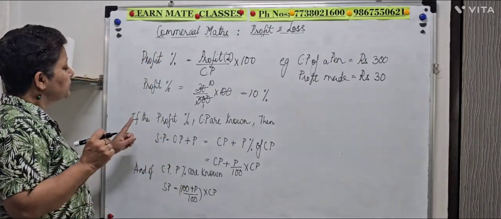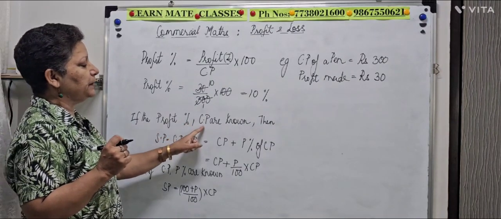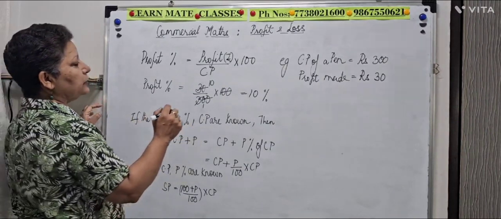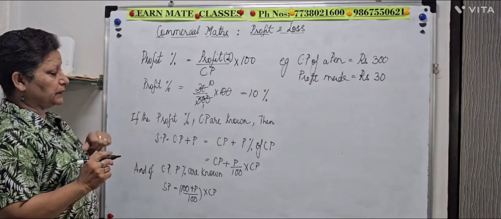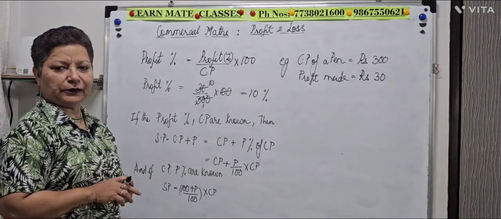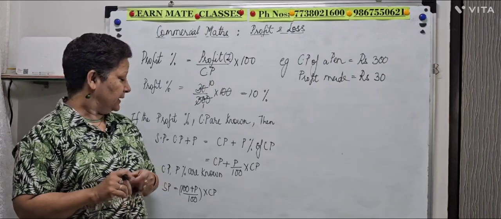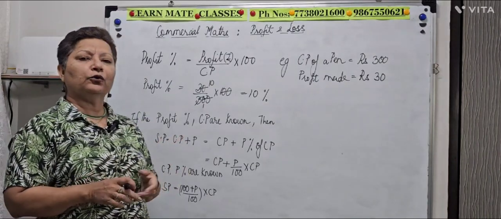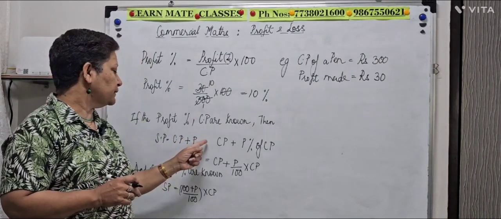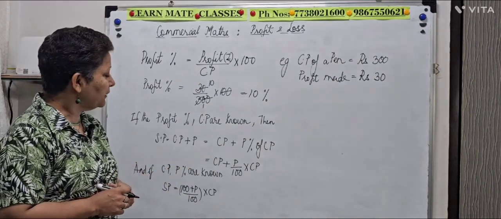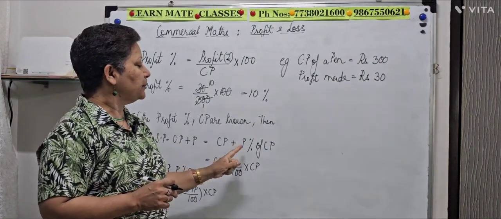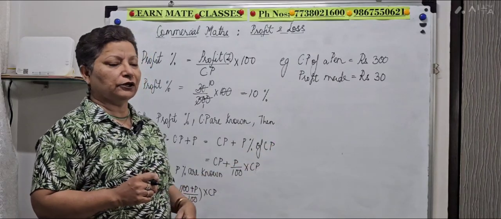Coming to the case where profit percent and CP are known. In this case, I don't know the profit, but I know the CP and the profit percent. How then am I going to calculate the selling price? The selling price, as we know, is obtained by adding the profit to the cost price. So CP plus profit. But what have we said? Profit is nothing but a percentage of the cost price.